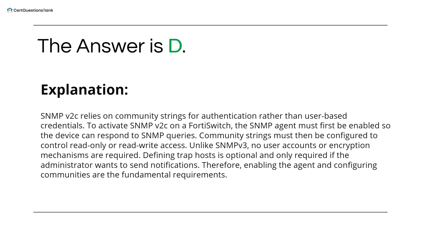Unlike SNMPv3, no user accounts or encryption mechanisms are required. Defining trap hosts is optional and only required if the administrator wants to send notifications. Therefore, enabling the agent and configuring communities are the fundamental requirements.